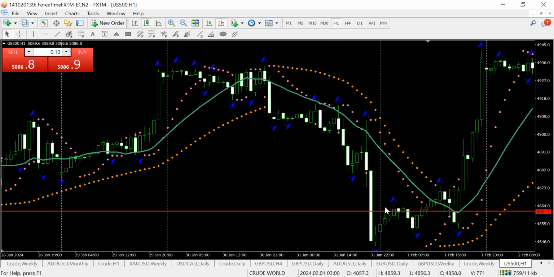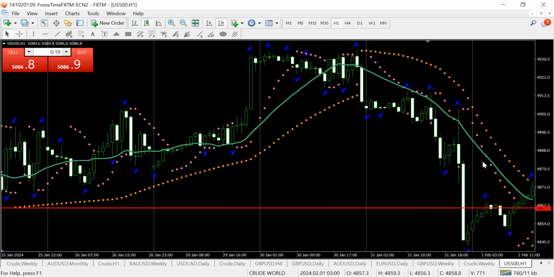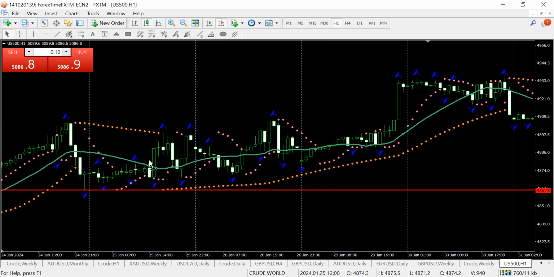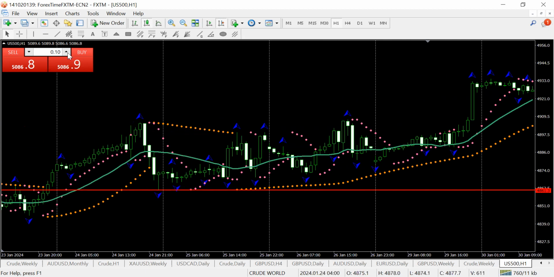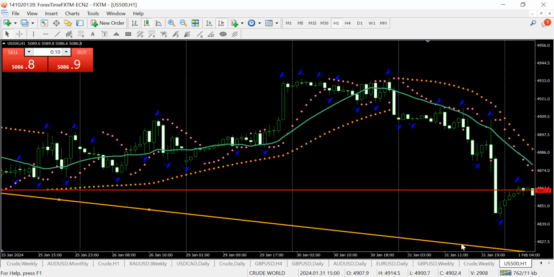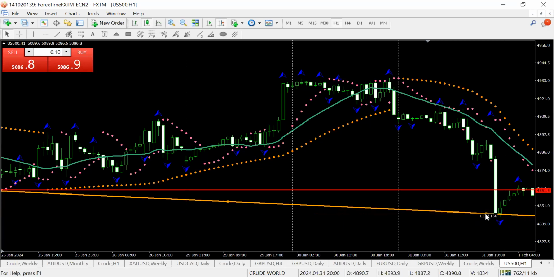Now, if you look at this, take your trend line and connect from here to the low of the second candle, because that's the second candle. So this is the second candle. This is second candle support.